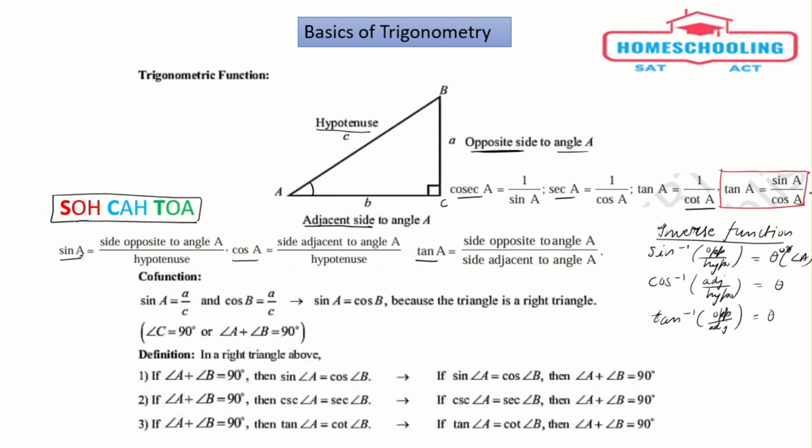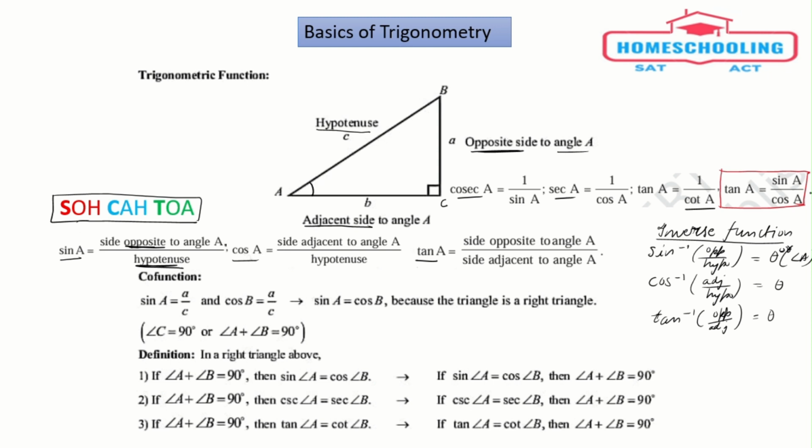So sine is equal to O stands for opposite and H stands for hypotenuse. So sine A would be opposite by hypotenuse, that is BC by hypotenuse AB.